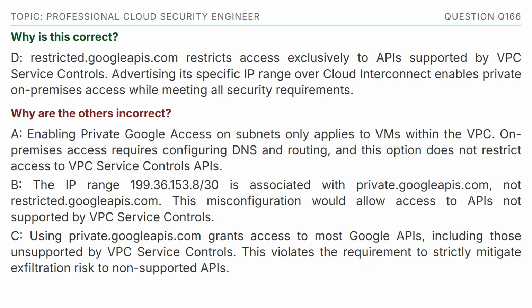This misconfiguration would allow access to APIs not supported by VPC Service Controls. C. Using private.googleapis.com grants access to most Google APIs, including those unsupported by VPC Service Controls. This violates the requirement to strictly mitigate exfiltration risk to non-supported APIs.